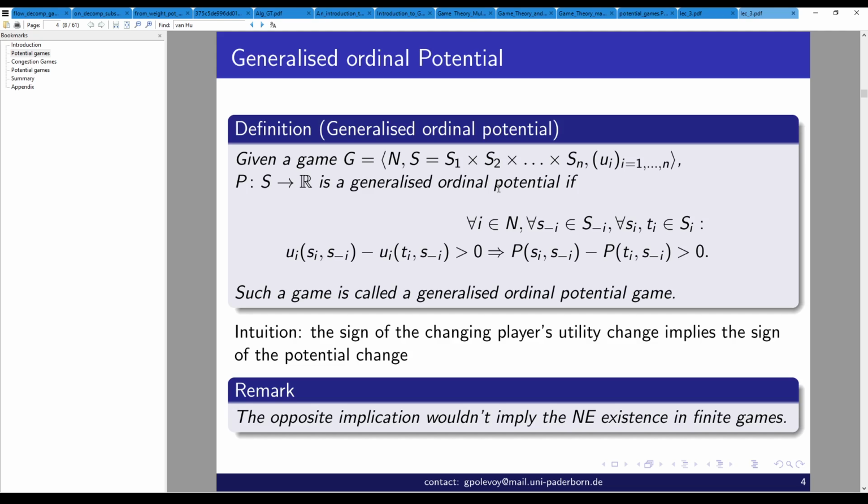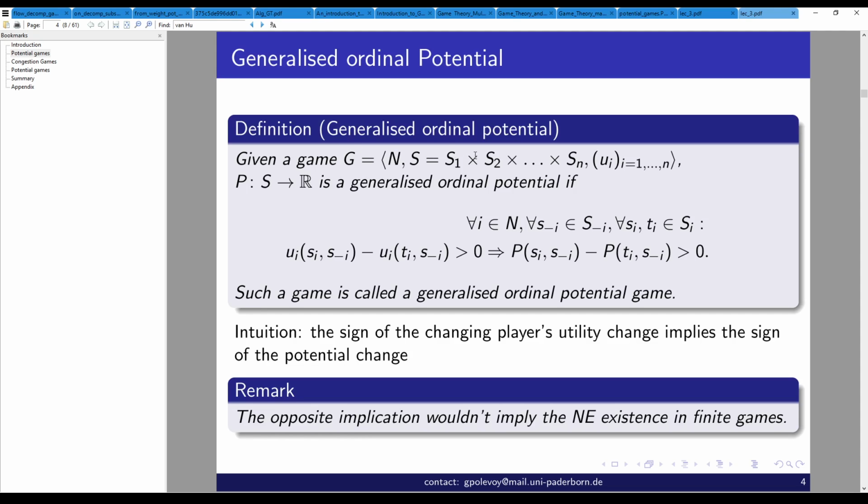So when you have a game, a strategic form game, and you have a function from the set of all the strategy profiles to the reals, it is called the generalized ordinal potential if, basically, whenever the utility of some player who unilaterally deviates grows, the function also increases.